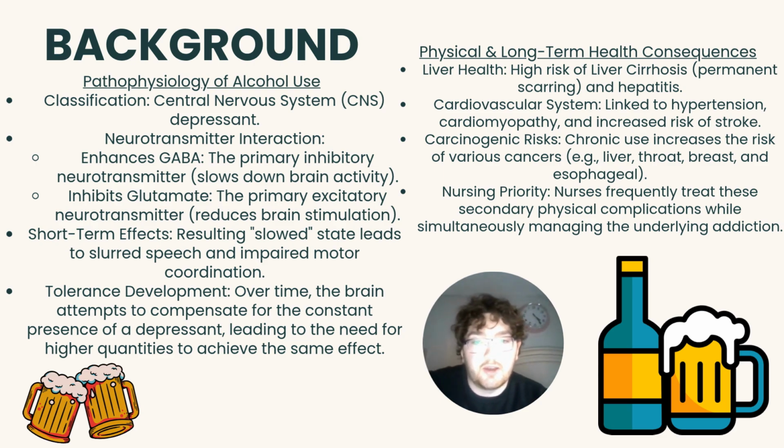Short-term effects: the resulting slowed state leads to slurred speech and impaired motor coordination. Tolerance development: over time, the brain attempts to compensate for the constant presence of the depressant, leading to the need for higher quantities to achieve the same effect. I'll talk about that a little bit later as well.